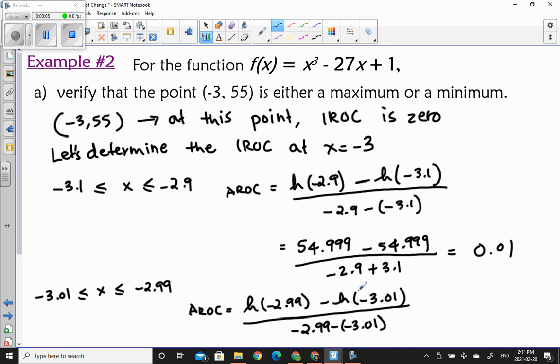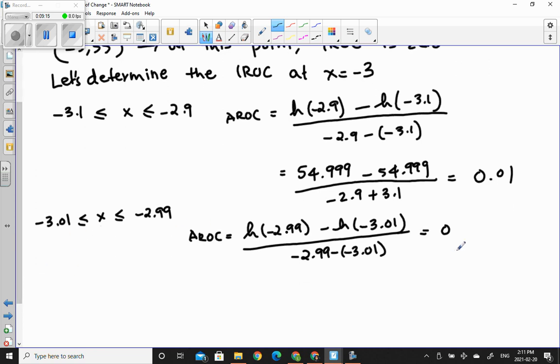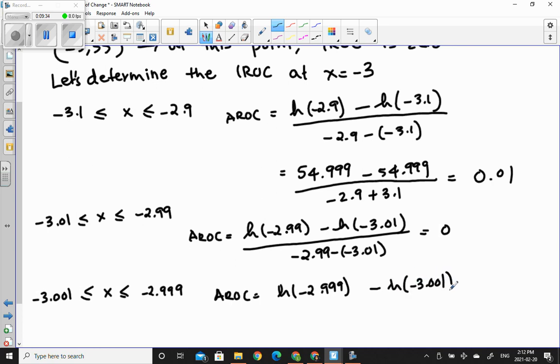I'm going to pause and let you work this out to see that you're getting the same answer, which in this case works out exactly to 0. We can even try another interval even closer. Even though we've got to 0, let's just make it even smaller. Let's go from -3.001 to -2.999. And the IROC is h at -2.999 minus h at -3.001 divided by 0.002. And we know that that also will work out to 0.